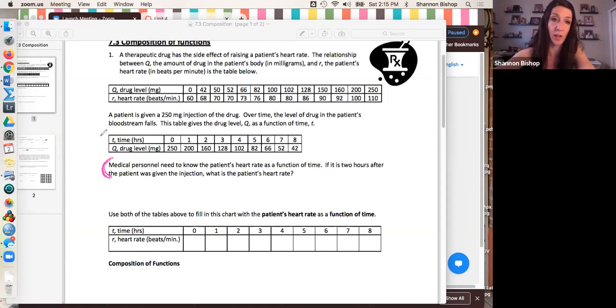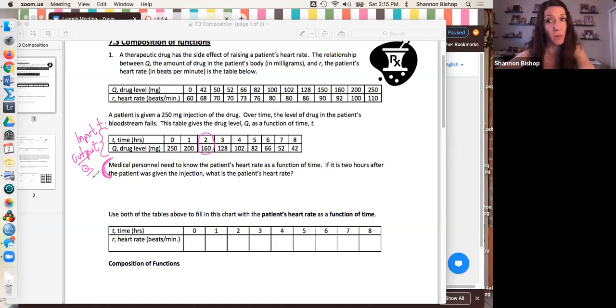Well, we had to look at this table first, because this table is the one that inputs time and outputs the drug level, Q. By going to that table, we were able to see that after 2 hours, there would be 160 milligrams of drug. The output is 160 milligrams of drug.